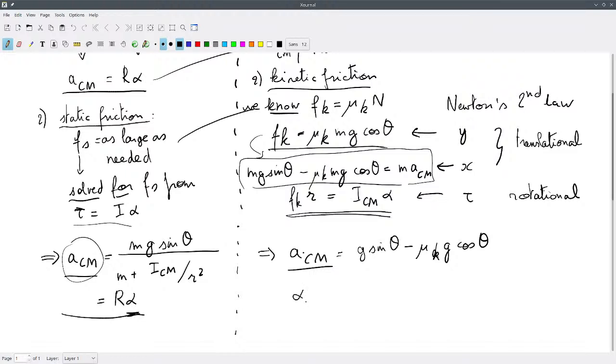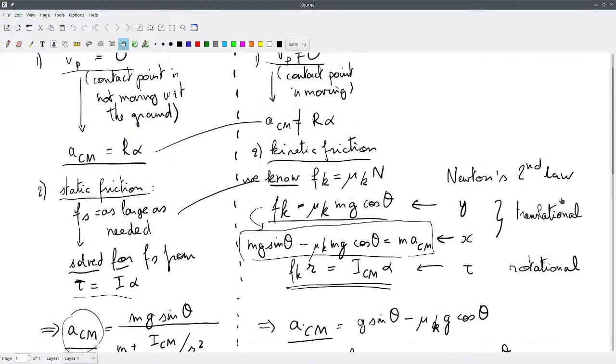So alpha, the angular acceleration, will be Fk R over I cm, or if we plug in the value for Fk, that will be mu k R m g cosine theta divided by I cm.